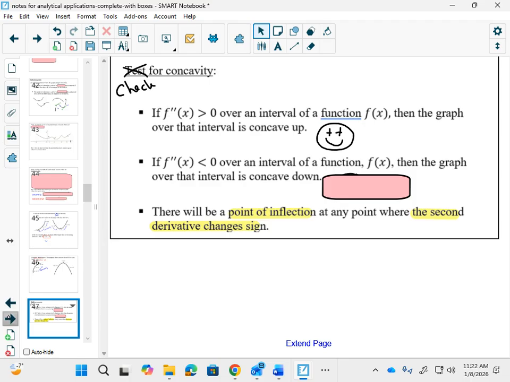And if your second derivative is negative, then your original function is concave down. Somehow you have to remember negativity with sadness and positivity with happiness. However your brain can strategically do that will help you with concavity.